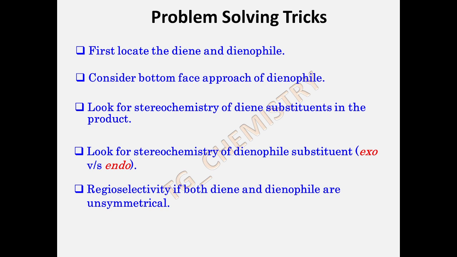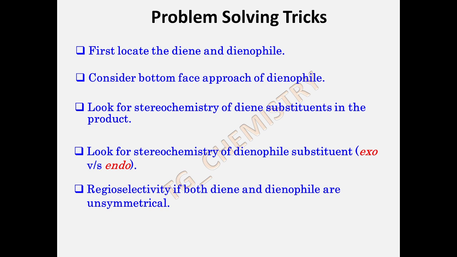As I mentioned, for the outside substituents and inside substituents, what should their stereochemistry be. Another point is the stereochemistry of the dienophile substituent, and depending on that you can have the exo or endo assignment in the product. This is also important from the dienophile perspective.